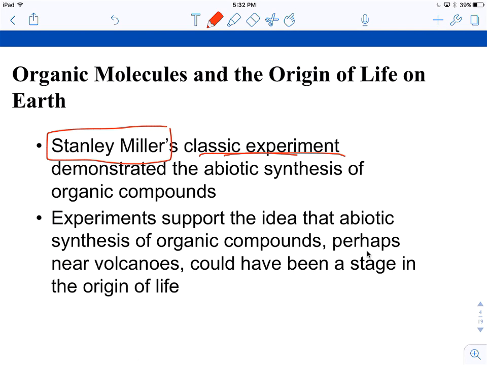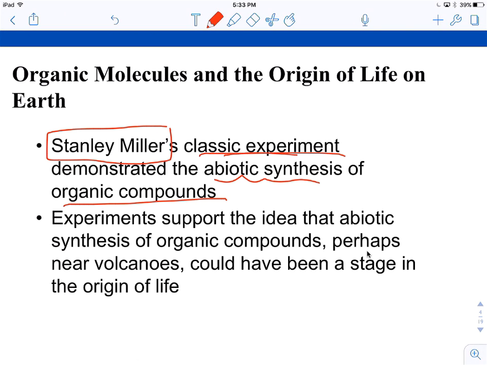Classic experiments. We're going to do all the classic experiments. But Miller demonstrated the synthesis of organic compounds under abiotic conditions, so conditions that are not living. So going from no life and making organic compounds that can then become life.